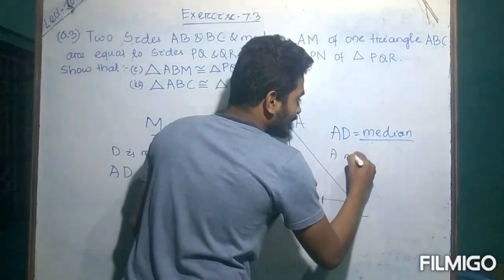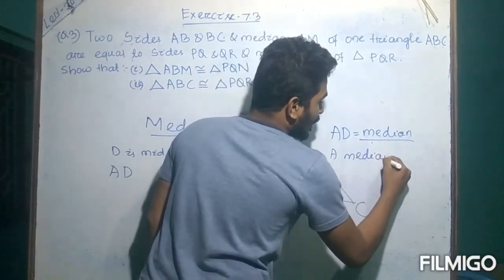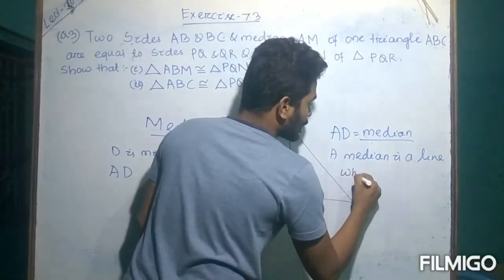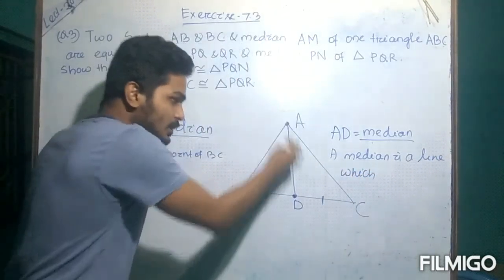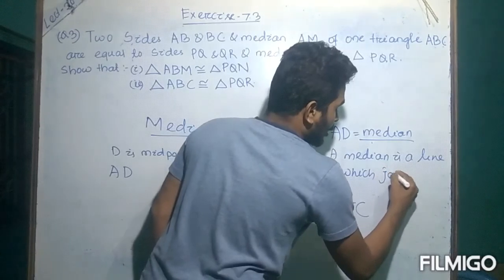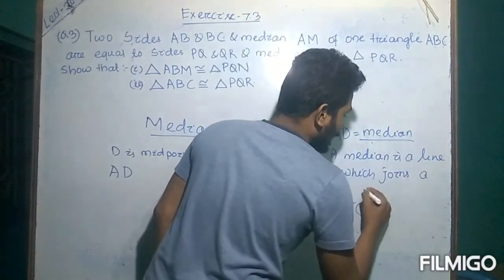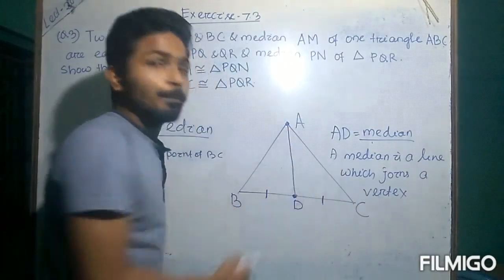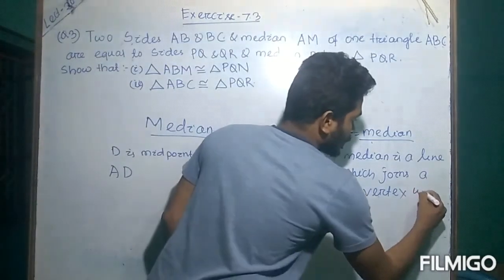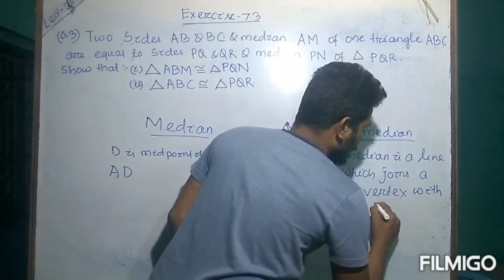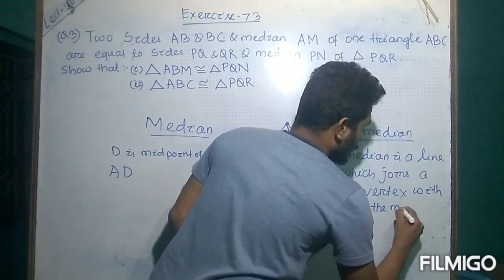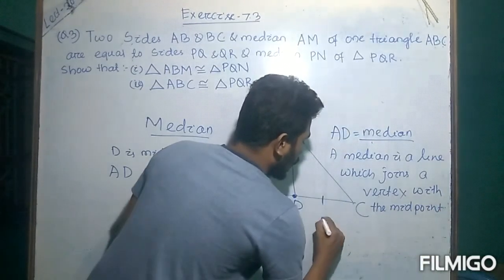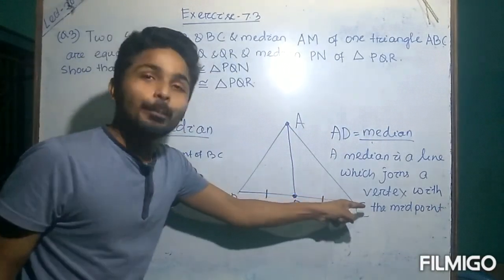A median is a line which joins a vertex with the midpoint of its opposite side.